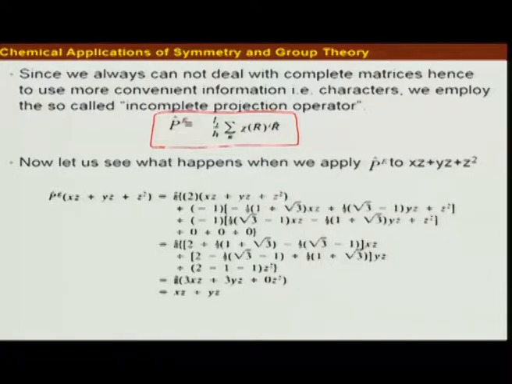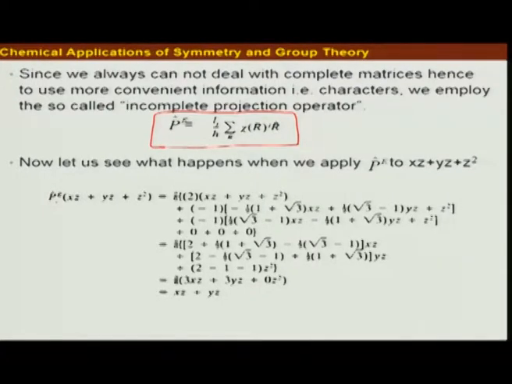So what we do, we now easily can form this particular projection operator. What you need to do is have the character table of that particular point group with you, because you are going to use this character table. We are dealing with the representation E, so you should know the characters for this particular representation for the C3v point group, right.